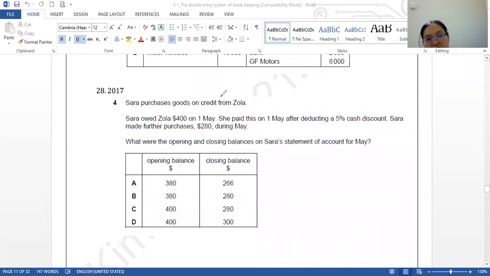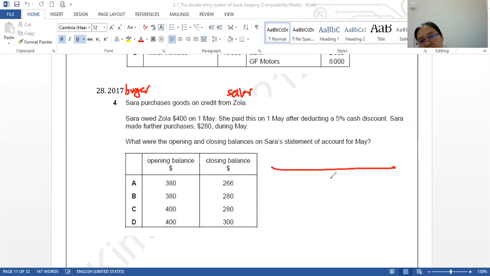Sarah purchased goods on credit from Zola. Sarah owed Zola 400 on 1st May. So Sarah is a buyer. This one is a seller. She paid this on 1st May after deducting 5%. Sarah made a further purchase of 280 during May. What were the opening and closing balances on Sarah's statement of account?